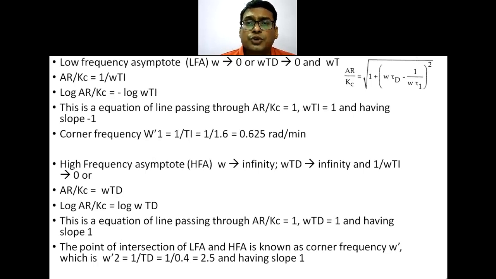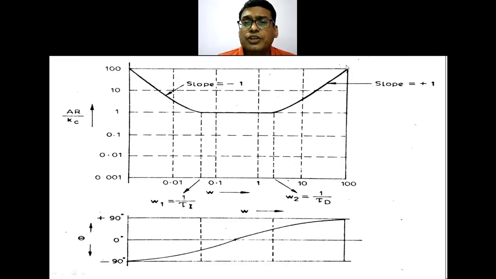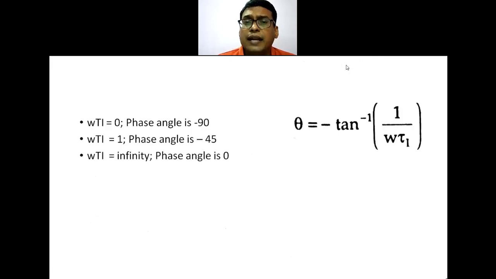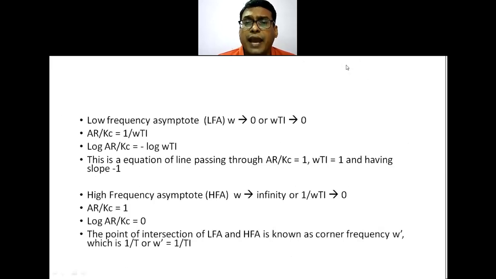So substituting these values, we are having the two asymptotes now. One is related to the derivative and another is related to the integral part. So it's a combination of both the derivative and the integral actions.